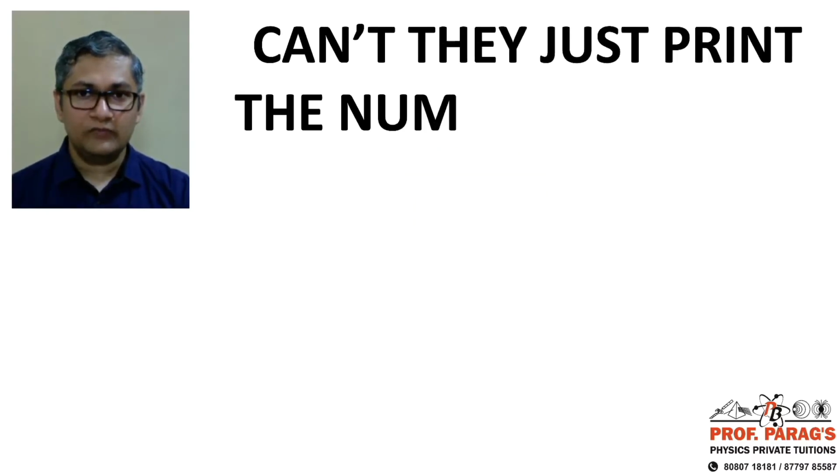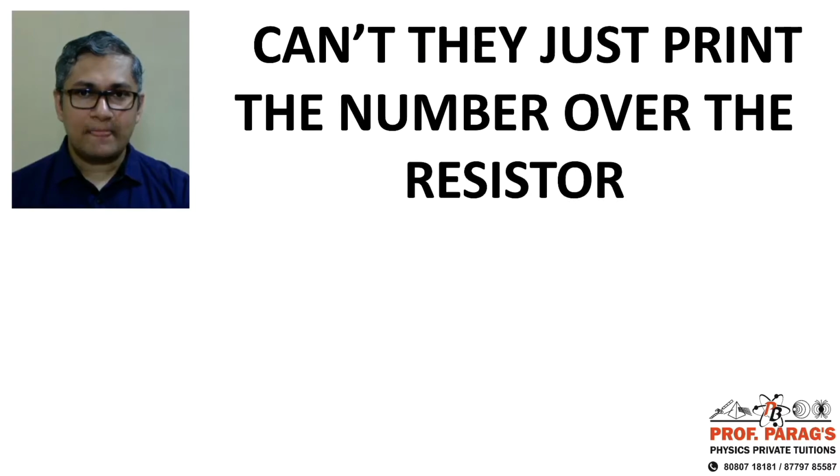So what do we want to do here? You see the number was color coded. The value of the resistor was coded in the form of colors, and that's what we need to learn. This is the most common question which I face from students whenever I introduce this topic: why can't they just print the numbers instead of the colors?